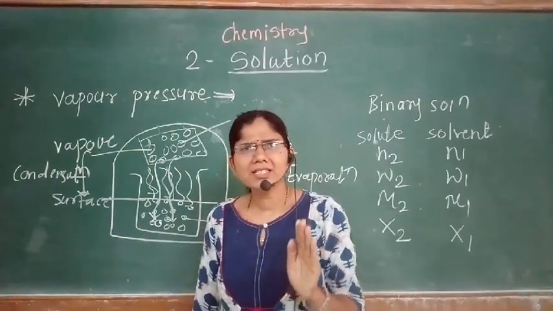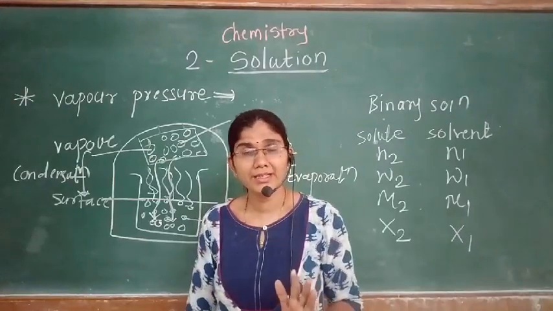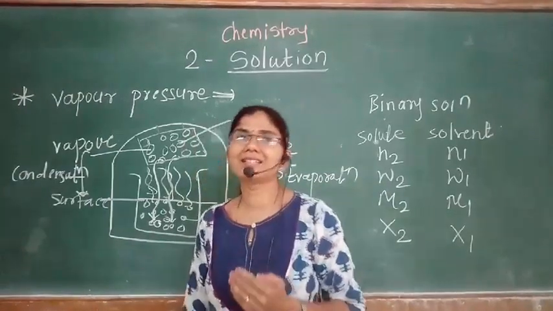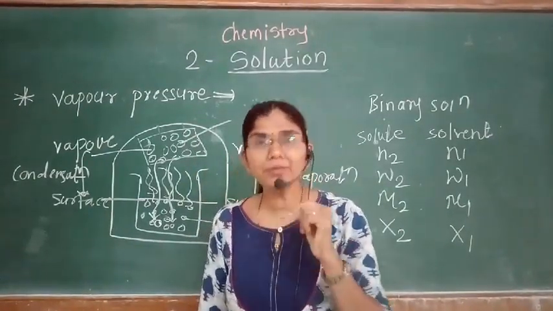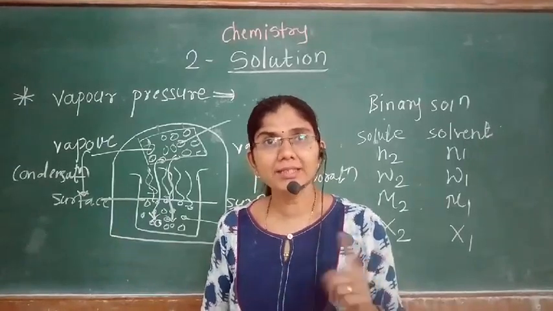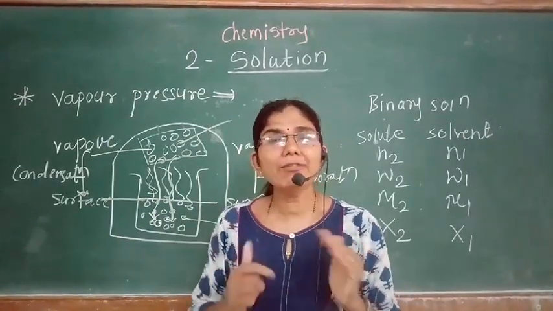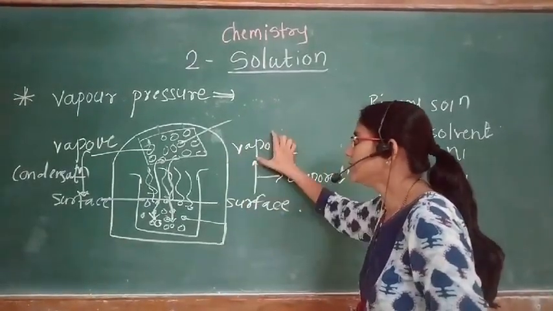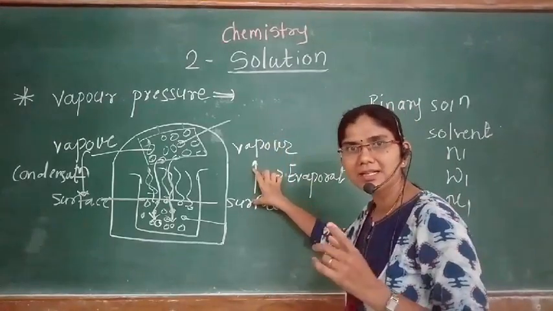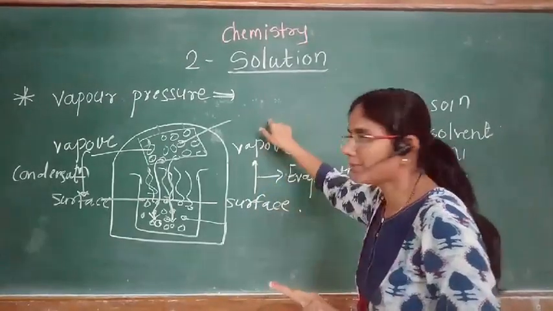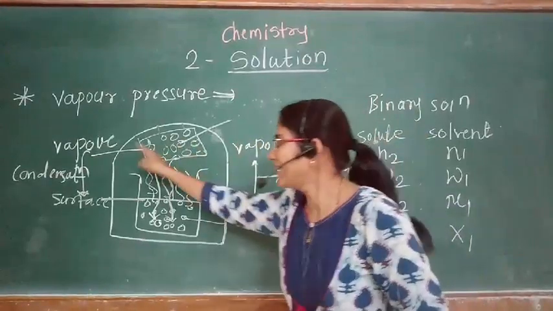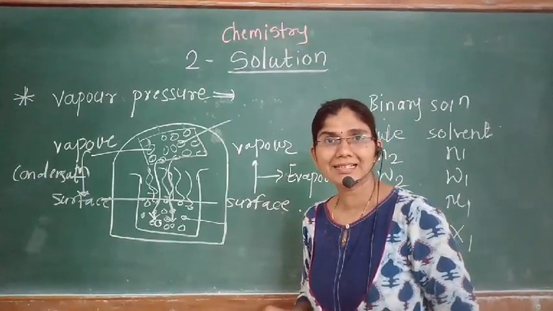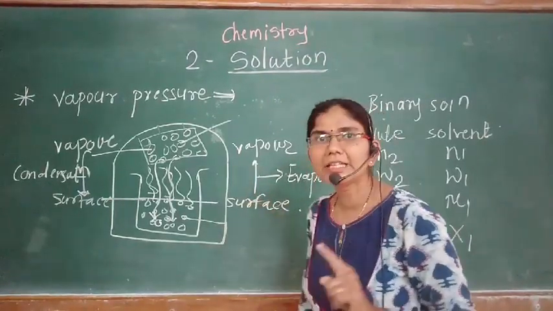Initially the rate of condensation is very low, but as time goes on, the rate of condensation increases, and at one point an equilibrium is established between the vapor and the surface. At that time the rate of vaporization becomes equal to the rate of condensation, and we have an equilibrium.